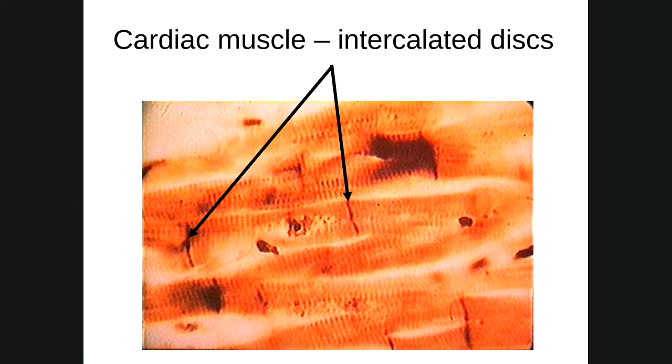I think I told you guys last class, it allows for the electrical current to flow through the muscle tissue. So when you're doing an ECG, the electrocardiogram, that big wave thing that you'll see, it looks like this.